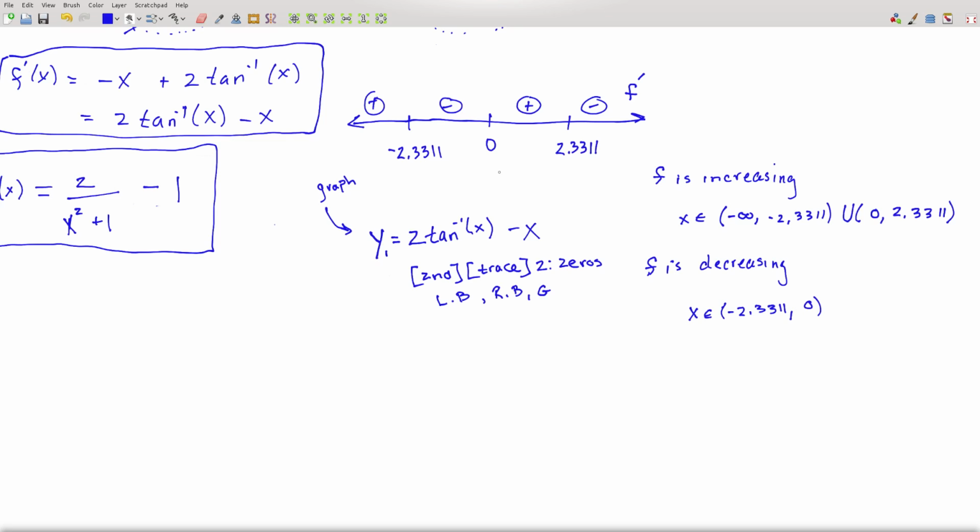Because you see how that is the interval where the first derivative is negative. Union with, where else is the first derivative negative? Well, it's negative also from 2.3311 to infinity. Alright, so that's where it's increasing and decreasing.